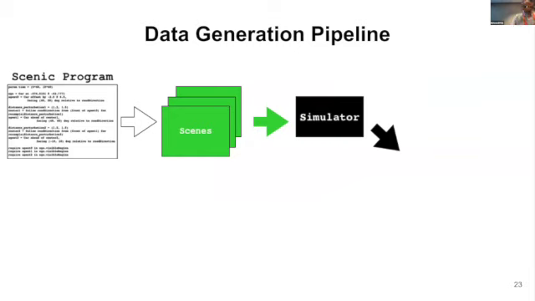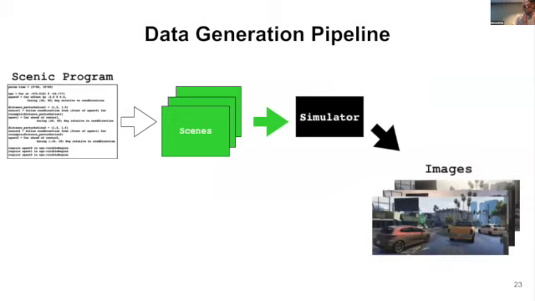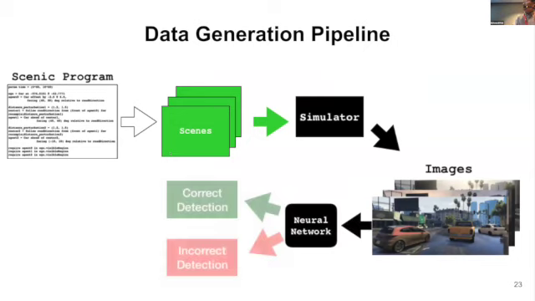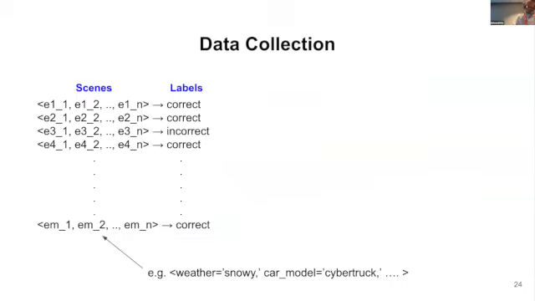So how that works, just to provide background, is that Scenic, at each execution, in this case we're only looking at static scenes, generates a scene, and that gets fed into a simulator, and the simulator renders an image, and then we feed it into the neural network perception model, and then try to determine whether it was performing well or not.